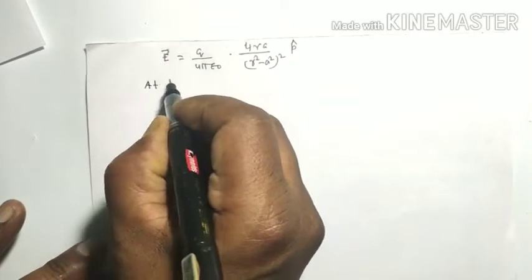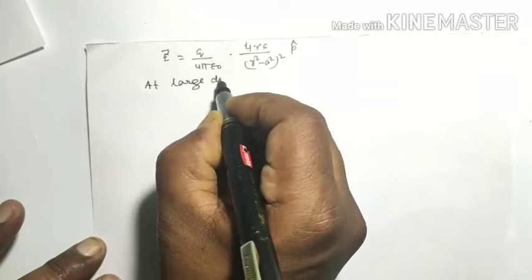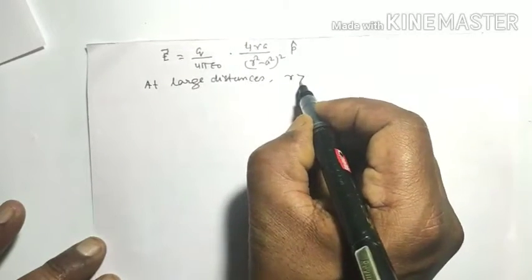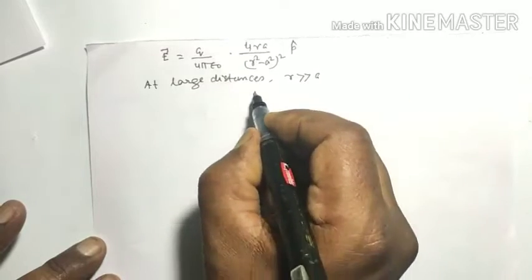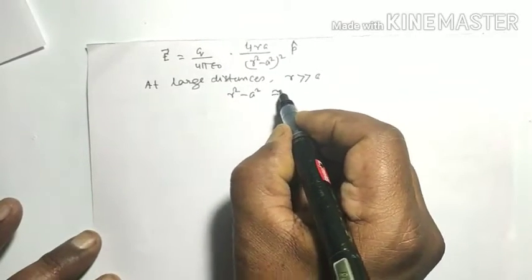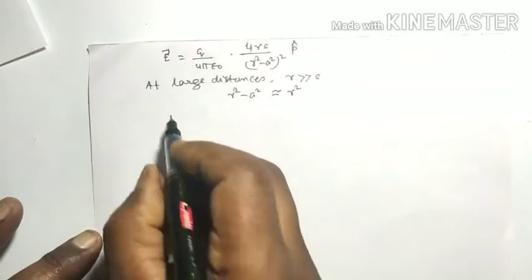At large distances, when the point is at a large distance from the dipole, r is much greater than a. So we write r square minus a square is approximately equal to r square.